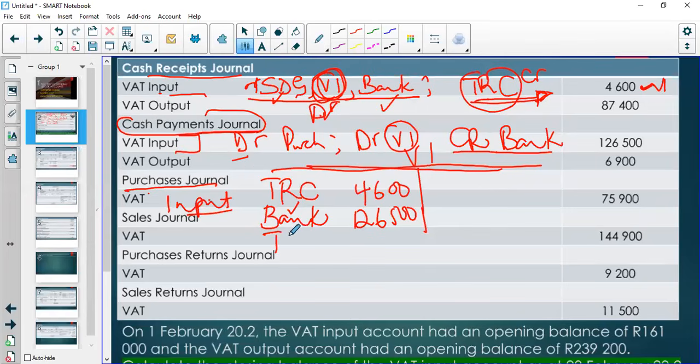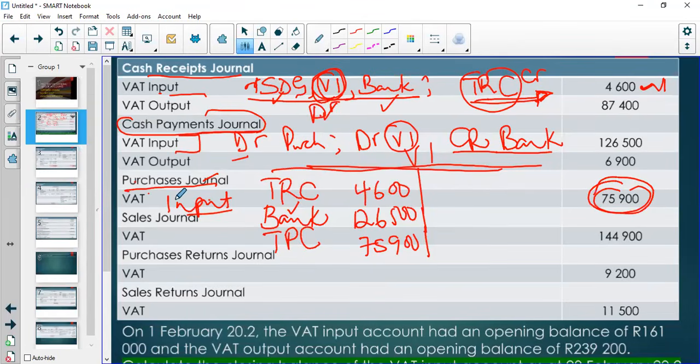So trade payables control is the other leg of the transaction. We have to put in the amount of VAT where the credit entry of the transaction was recorded in the trade payables control. If you want me to repeat this purchases journal, we're saying that we made some purchases on credit and the VAT input there was 75,900.